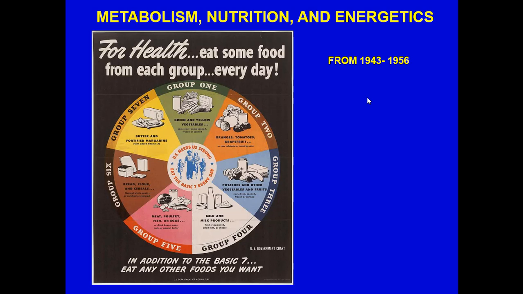Now, as I said to you, part of this was a reaction or response to a lot of the people coming out of the Depression being in poor health because of poor diets. Nobody sat there and said, hey, you should have fruits and vegetables as well as your bread and your butter and maybe a little bit of meat.